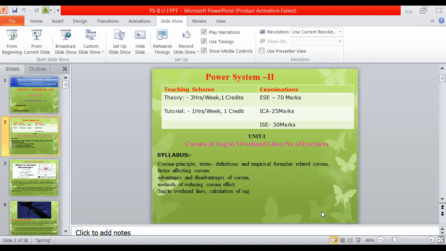Factors affecting the corona discharge, and the advantages and disadvantages of the corona discharge, we have also studied. Lastly we have seen methods to improve the corona effect. I think this is the 70% to 80% part of the first unit we have successfully completed.